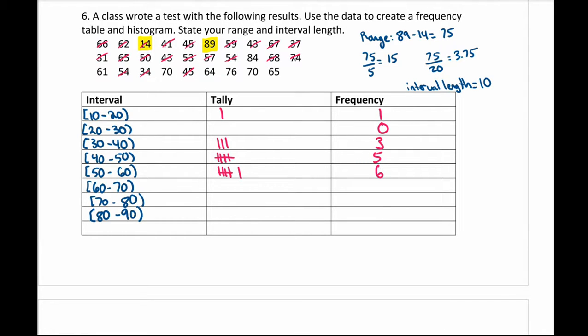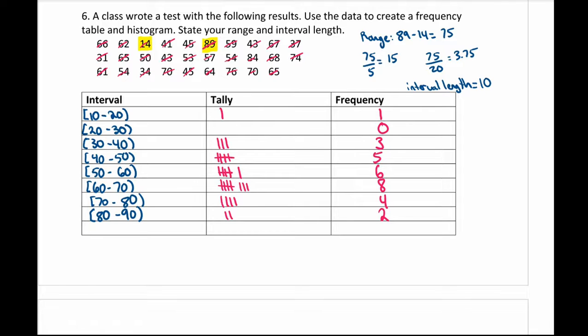Oh, no, just 5, 6, 7, 8. These two 70s I'm not going to include, they'll be in the next one. 70 to 80. Going through. 1, 2, 3, 4. And 80 to 90 should be all the last numbers, so we got 1 and 2.